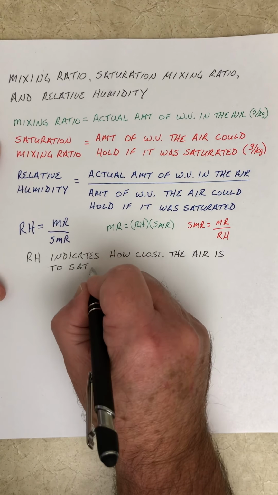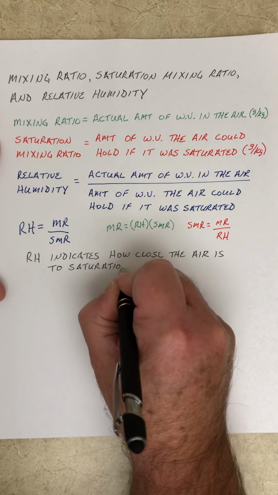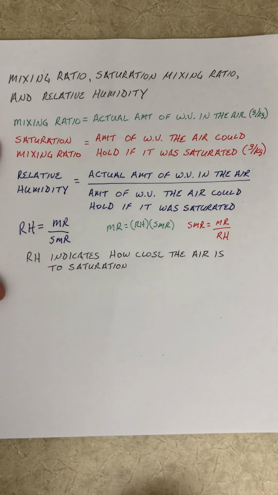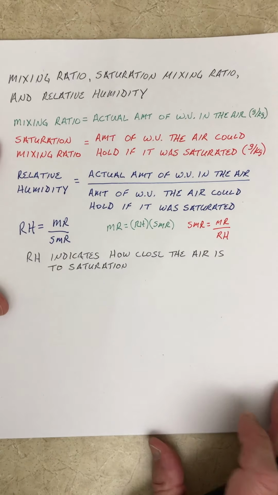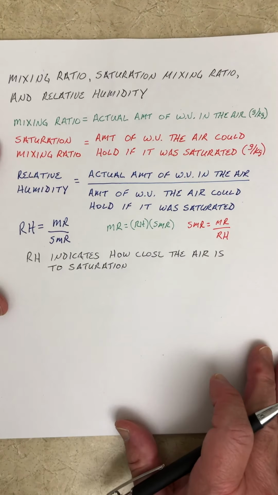So that's the benefit of it, it gives you a percent. It tells you how close you are to saturation. So if the relative humidity is 85%, then we are 85% of the way towards saturation.